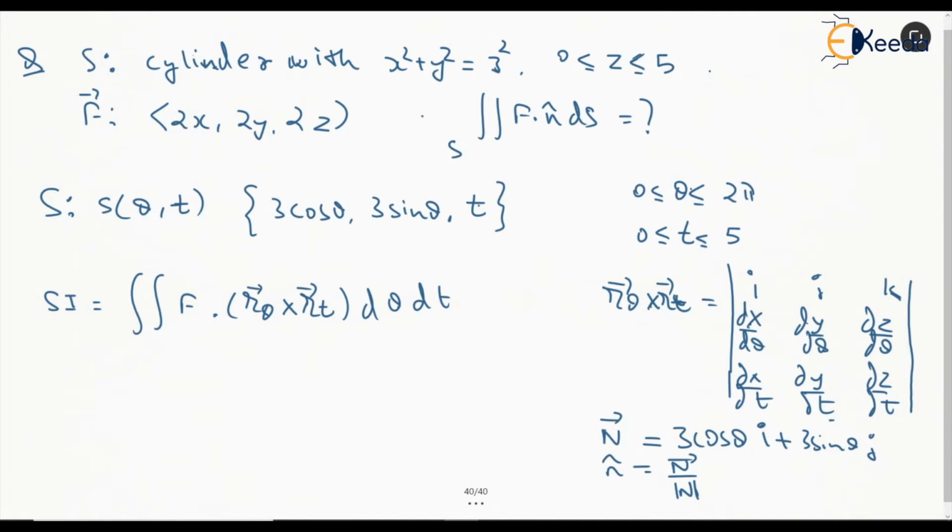So now this becomes the double integral of f. f is given as 2x, 2y and 2z. So we can directly put the parameters for x, y and z.